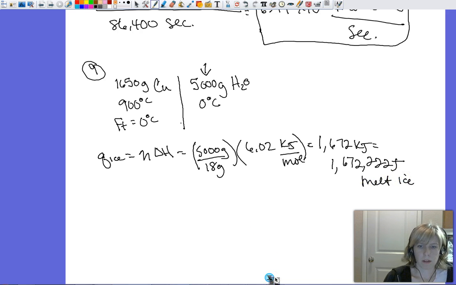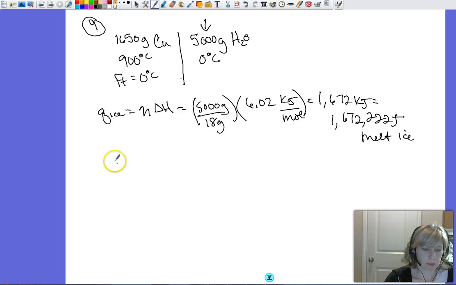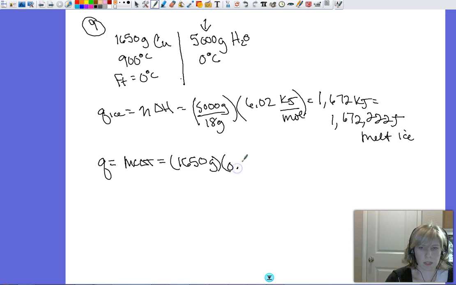So once we have that, we just need the second part of the puzzle. So now we can figure out how much energy the copper is going to be able to release. So we have our Q equals mc delta T, because there's no phase change for it. 1650 grams is our mass. If you look on your reference chart, the specific heat in joules for copper is 0.389 joules per gram degree Celsius.